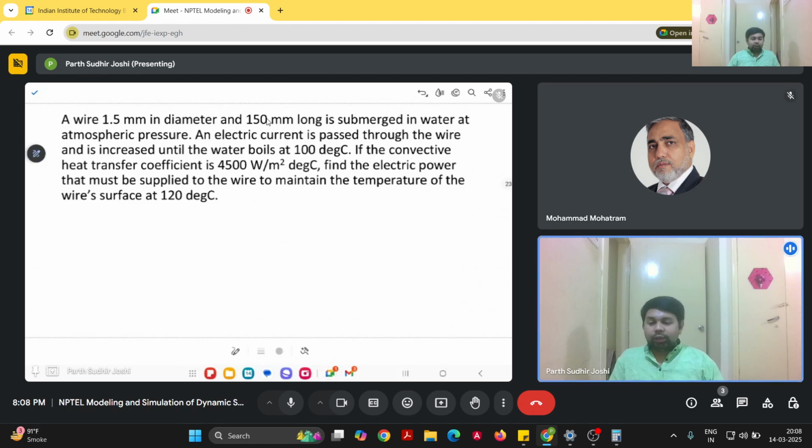So the next question deals with heat transfer. It is given that a wire which has some diameter and length is submerged in water at atmospheric pressure, and electric current is passed through that wire.